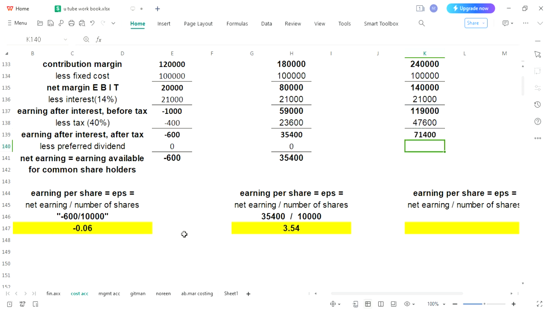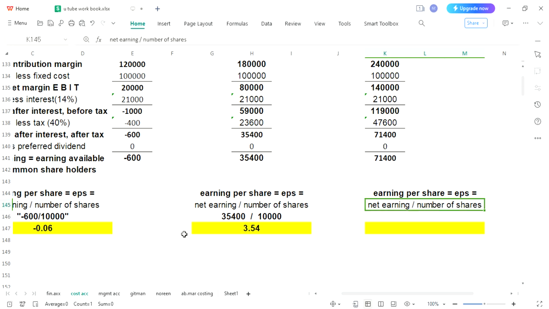So we have got your earning after tax, 71,400, but no preferred dividend is present, and earning available for shareholders would be calculated by taking previous income 71,400 and subtracting preferred dividend. We have got earning available for common shareholders.